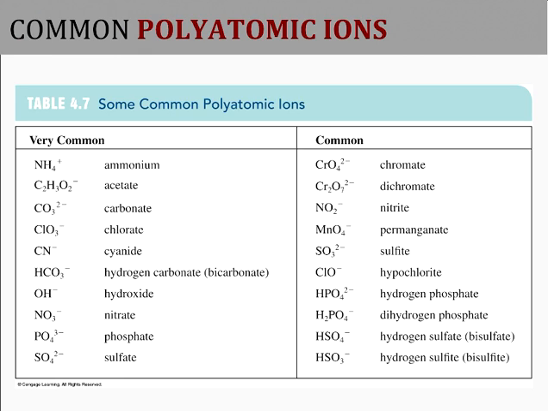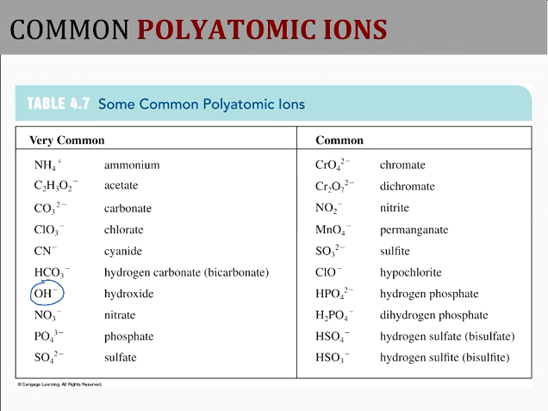Now, there is one more thing I wanted to cover, and those are polyatomic ions. Polyatomic ions are interesting because we have a group of atoms bonded together with an overall charge. For instance, this down here is the hydroxide ion.